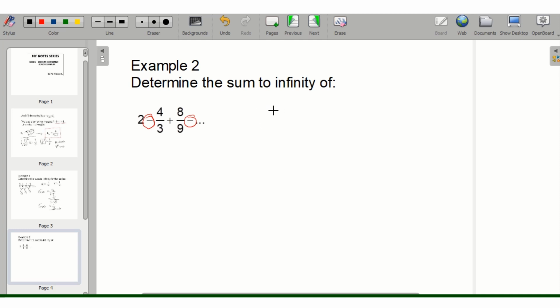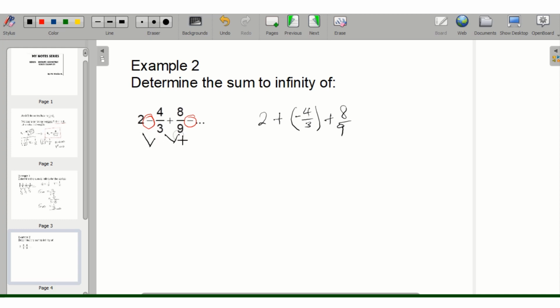This series could have been written as 2 plus minus 4 over 3 plus 8 over 9. Now we know that positive times negative will give us negative. So even if we have a minus, it is still a series.